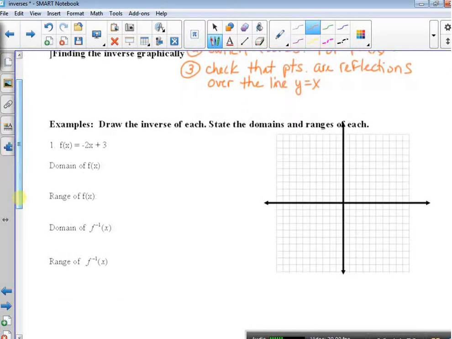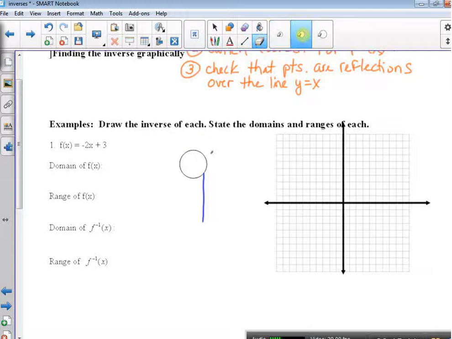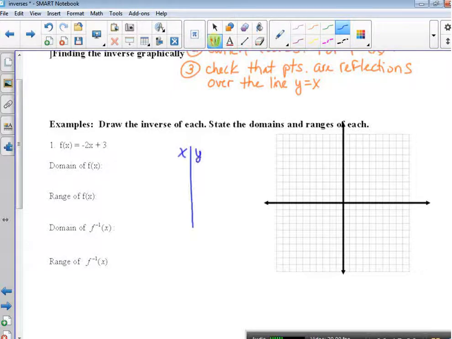So for example, negative 2x plus 3, you can go to your table of values in your calculator. I'm going to list those out there. Hold on a second. All right, so I'm going to lower it down a little bit. So x and y.